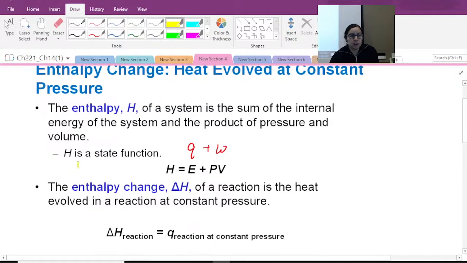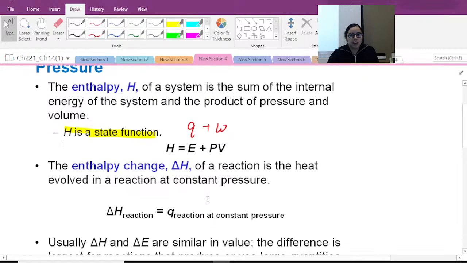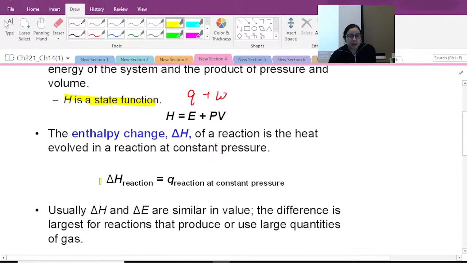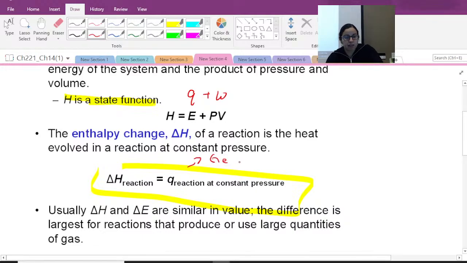And again, re-highlights if you need to that our enthalpy is a state function, aka not path dependent. And so we basically said that for our purposes, we're mainly looking at this, where our enthalpy is related to Q. And remember, Q is just heat, so if you need to write that heat, do so.